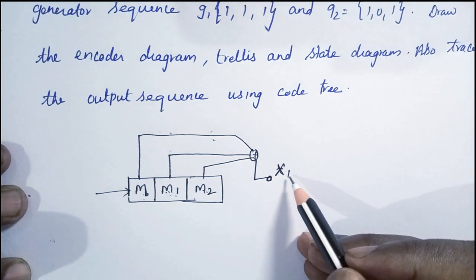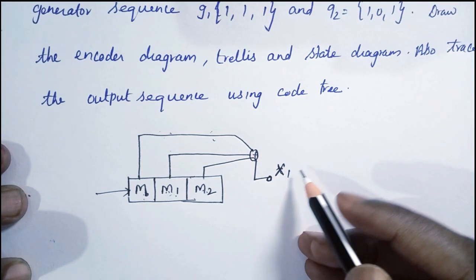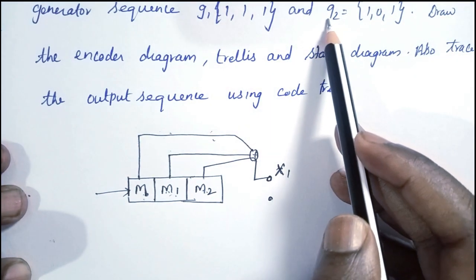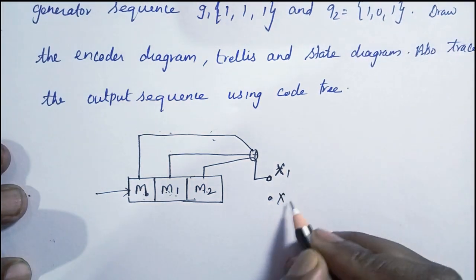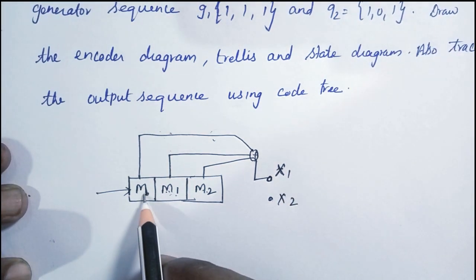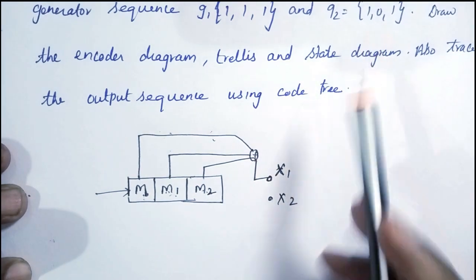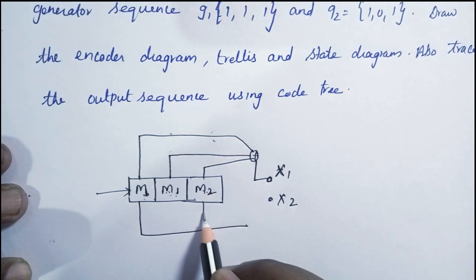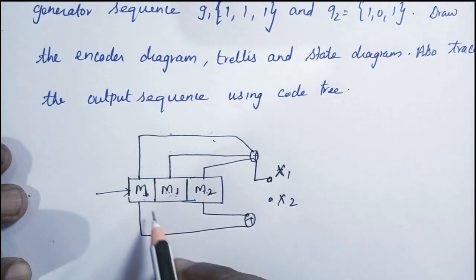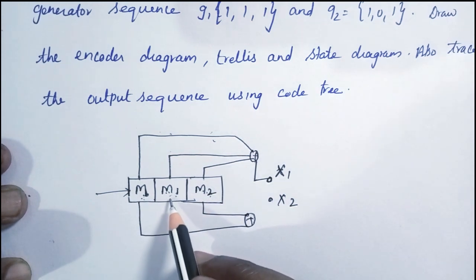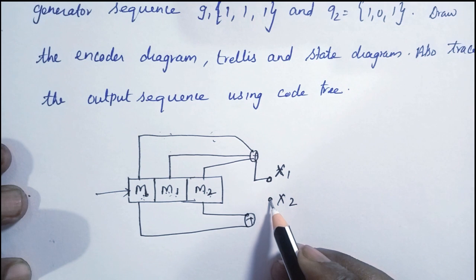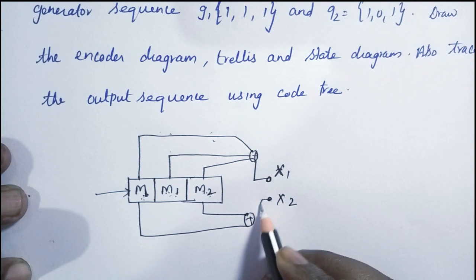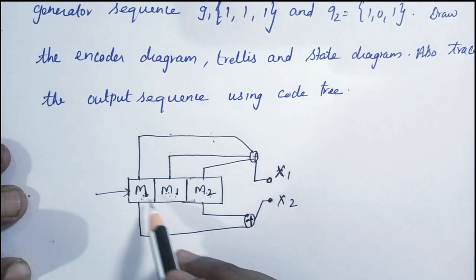We said each message bit has two outputs because the code rate is 1 by 2, and the second vector G2 is 101. So the second output x2 is only connected to m and m2. Since we have 0 in the middle, m1 is not connected, so the output x2 is nothing but m XOR m2.